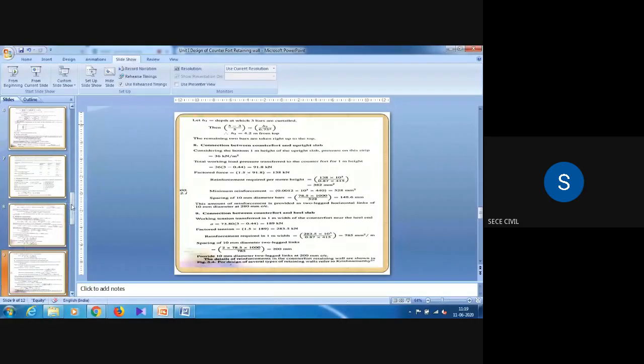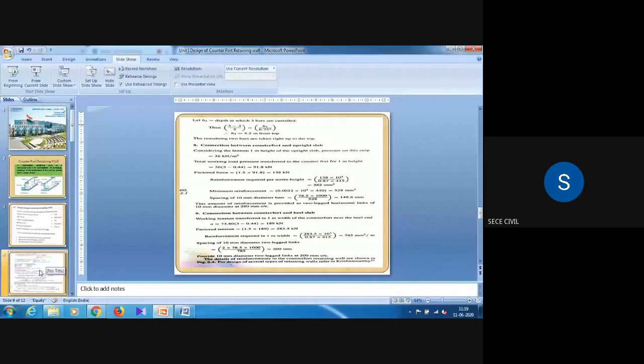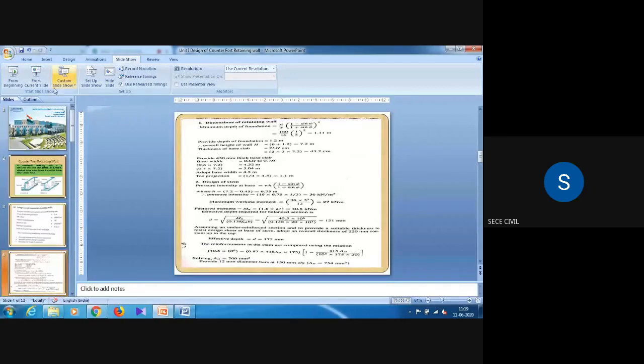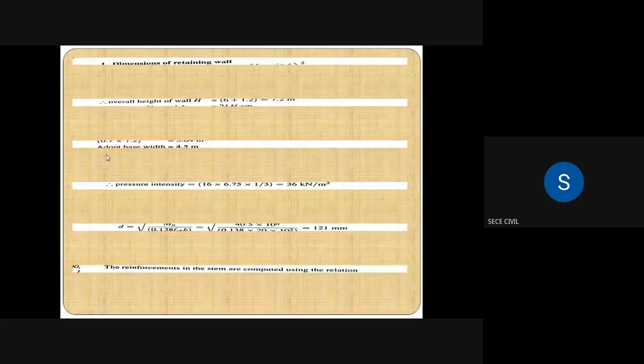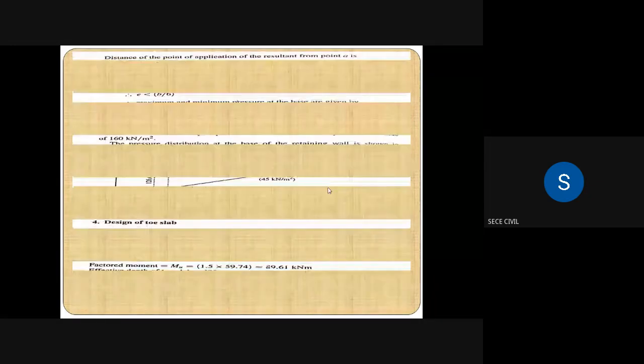In the second step, we calculated the pressure intensity on the stem as 36 kilonewton per meter square. We are using this value only. So pressure on this strip is 36 kilonewton per meter square.